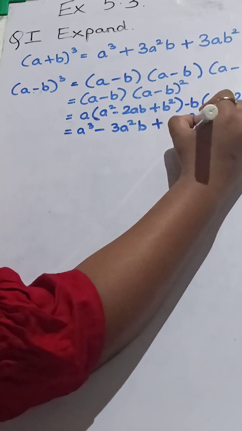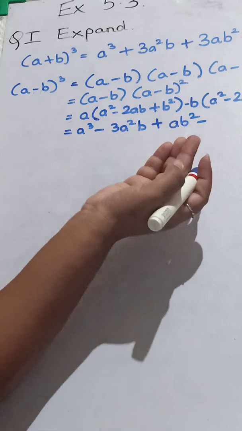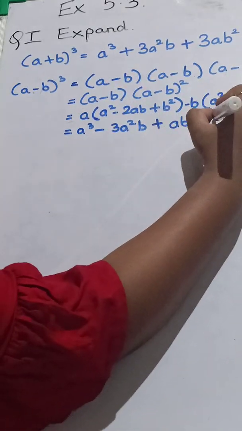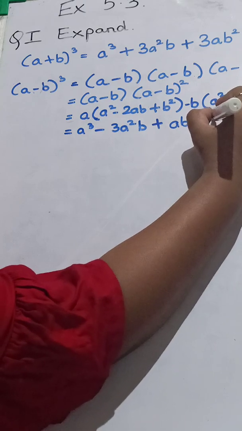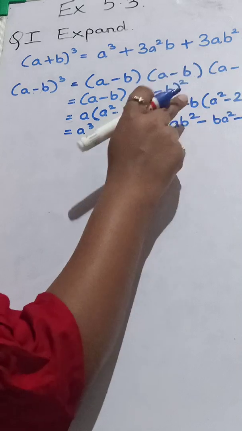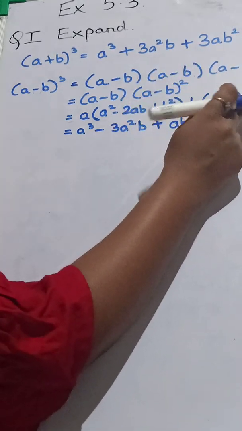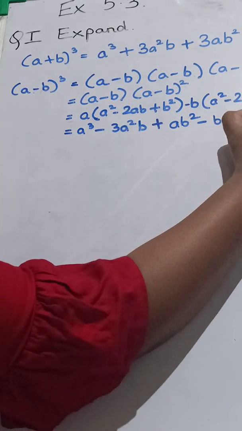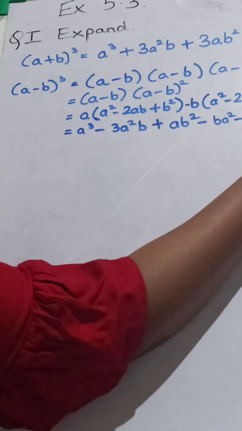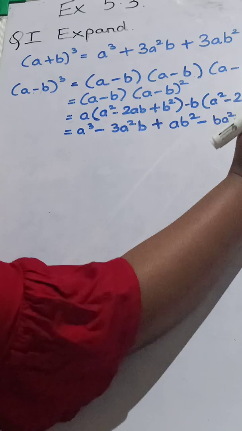Then again we are going to solve for the second part of it, that is b into a square. So b into a square will again give you ba square, minus b into 2ab will give you 2ab square, plus b cube.